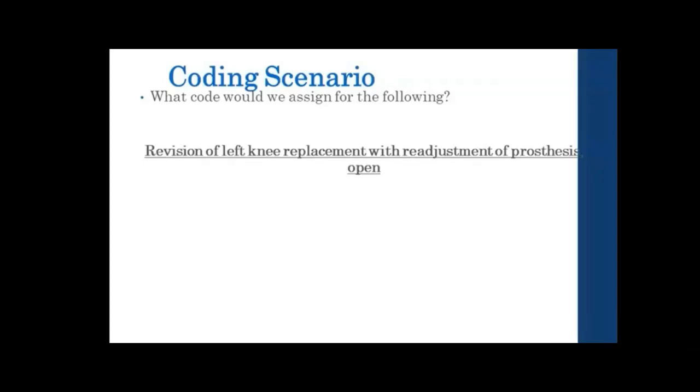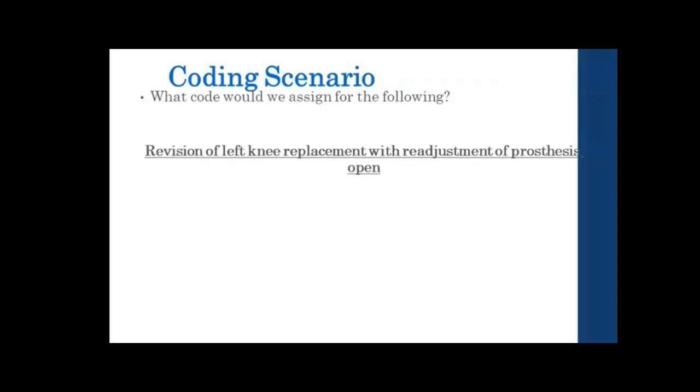So revision of what? Yeah, the knee. Good. Revision of the knee. So in our index, we're going to look up revision of device in the knees at joint, right?